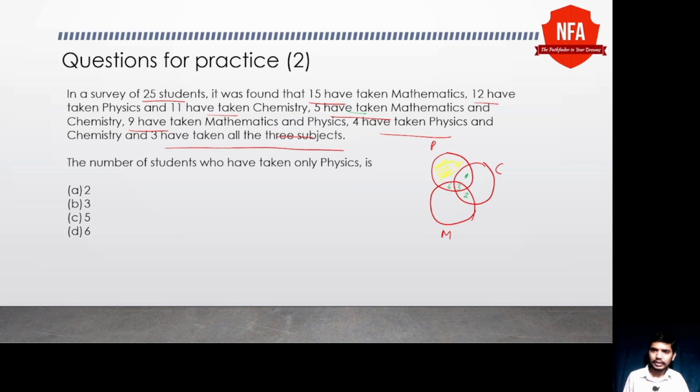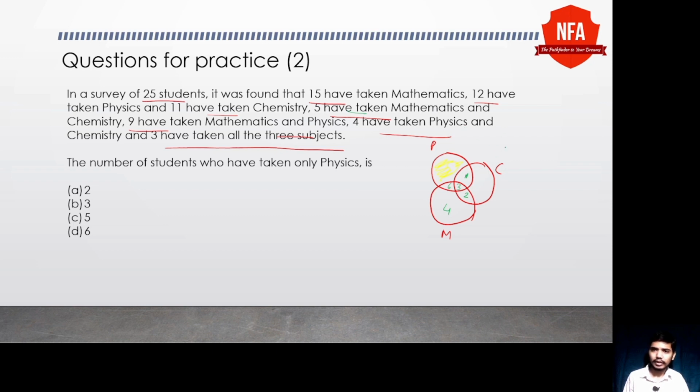Now we are done with this. Now we will fill in all the students in mathematics. 15 students have taken mathematics, so a total of 15 will be there. We have 6 plus 3, which is 9, plus 2, 11. 11 here, then 4 will be here. Only 4 students are those who have taken only maths, not any other subject.